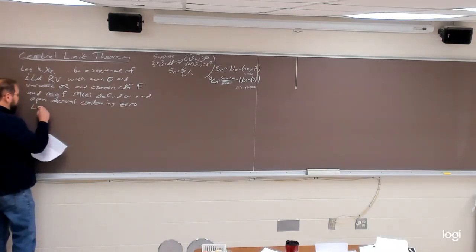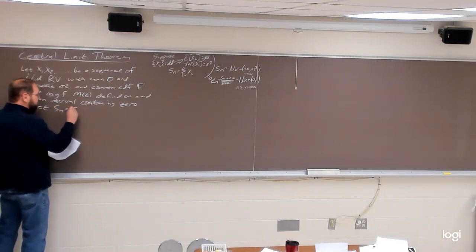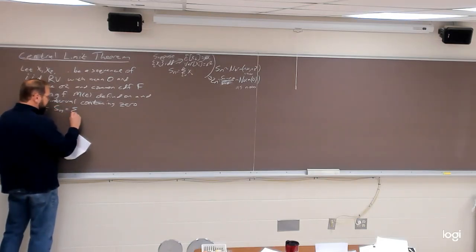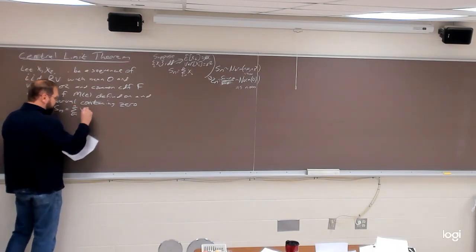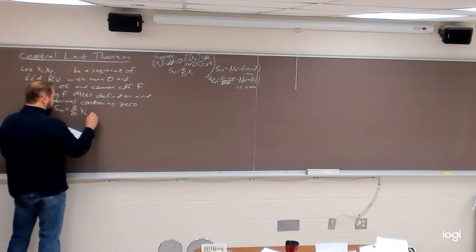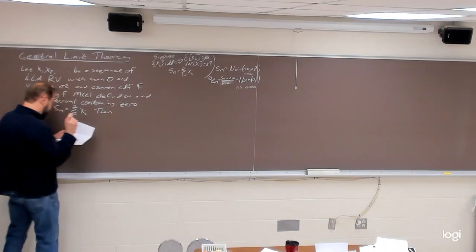So let S_n equal the sum from i equals 1 to n of the X_i's. Then, so here's the statement.